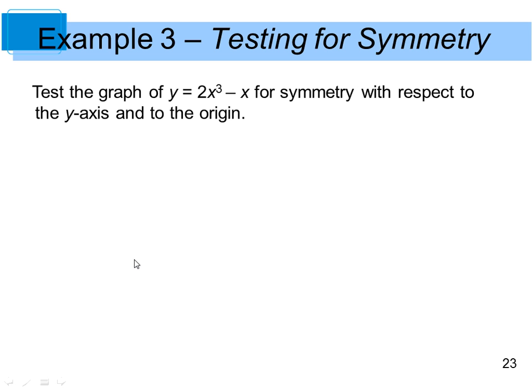Now, if you want to test for symmetry to the origin, it's a similar thing. If f of negative x results in the exact opposite of what you started with, so if f of negative x equals the opposite of f of x, that means it's symmetric to the origin.